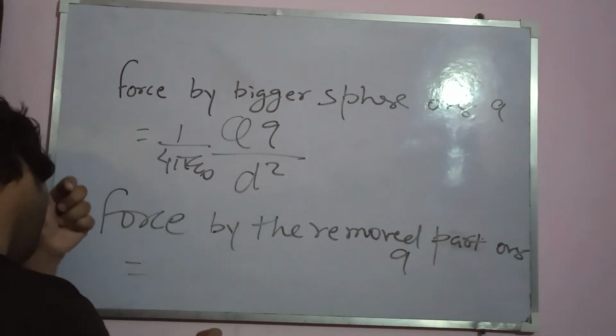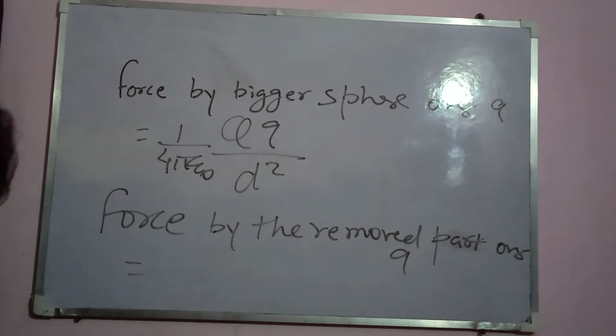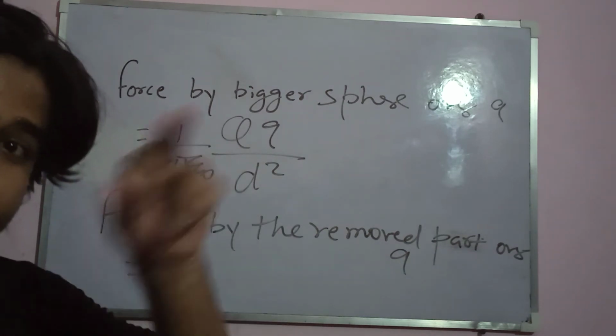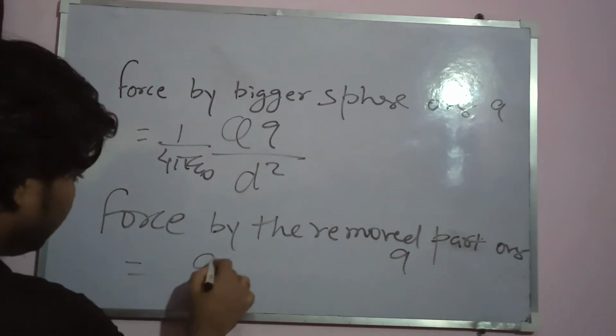And for that part, we'll have to find the charge on that part. And what will be that value? Let the charge inside the removed sphere be Q dash.